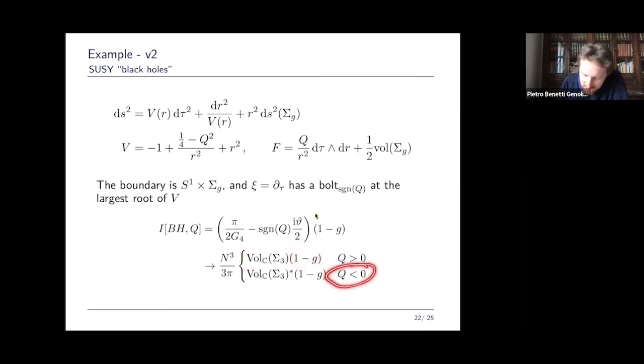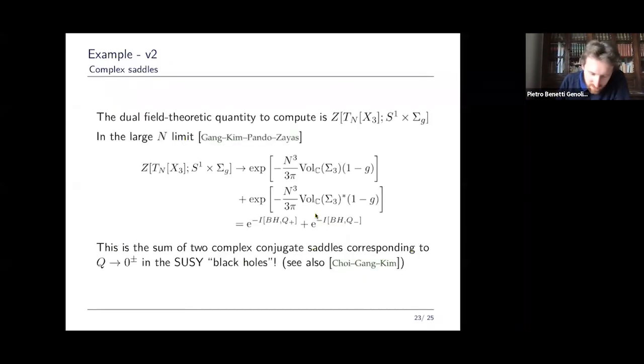And if the charge is less than 0, it gives the complex conjugate of the complex hyperbolic volume. Therefore, you expect 2 saddle points in the approximation of the localization computation.